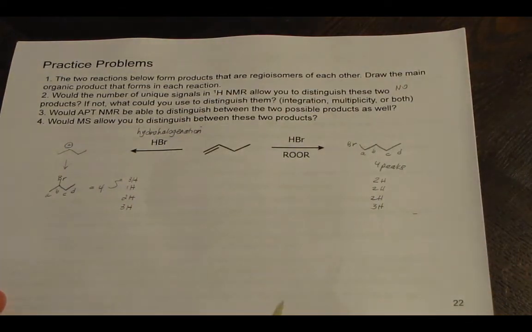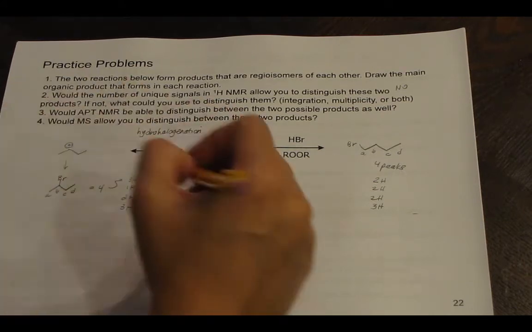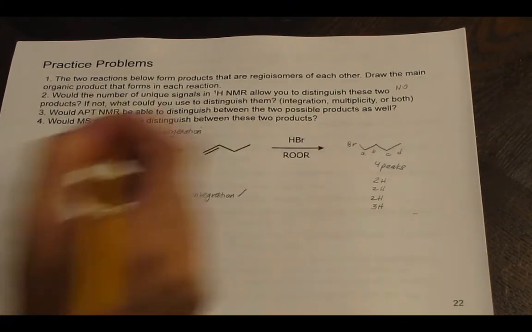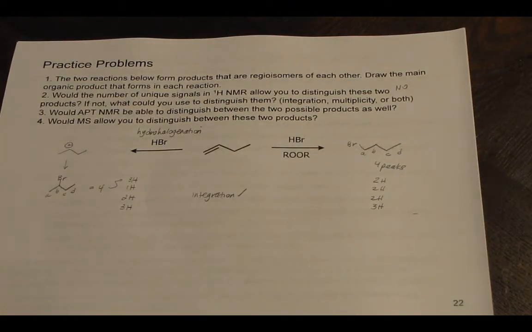So integration would tell us a difference, because in this case we would have a peak just by itself worth 1H, and we would have no situation like that here. So integration would work. And multiplicity, would that be able to tell you the difference?